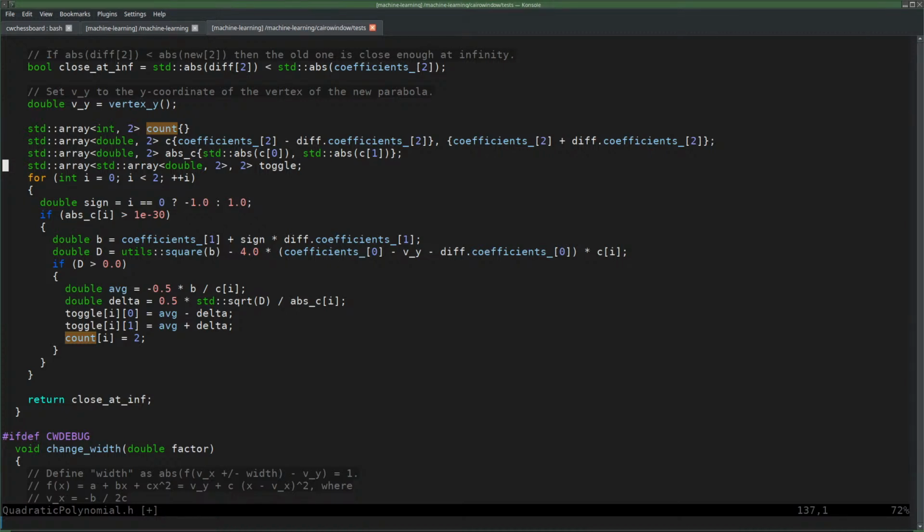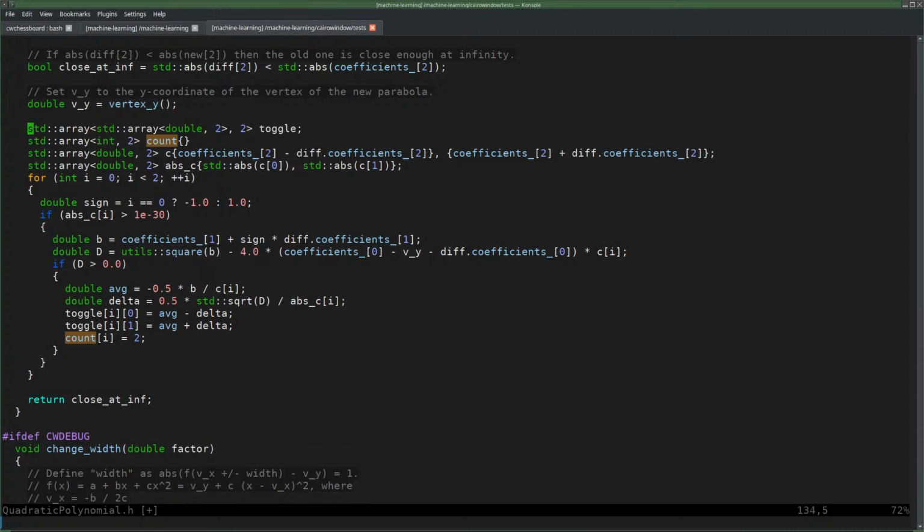So I'm going to store the results of the subtraction, which leads to 0 or 2 solutions, into the first array here.